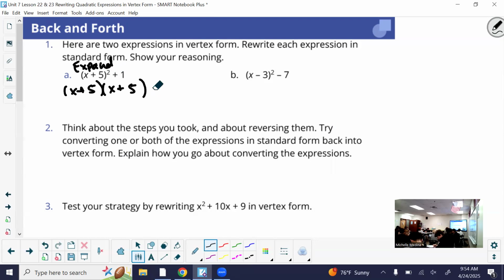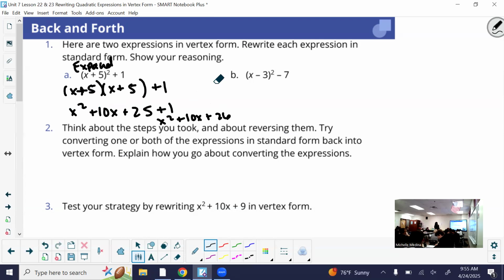And then there was a +1 here that'll still be there. You would need to multiply that out and make sure it's fully simplified, and then boom, you're in standard form. Once you fully simplify it, this would become 26, now it's in a different form. I don't really see you needing to go from standard to vertex form that much ever, so I think we could just move on from there.